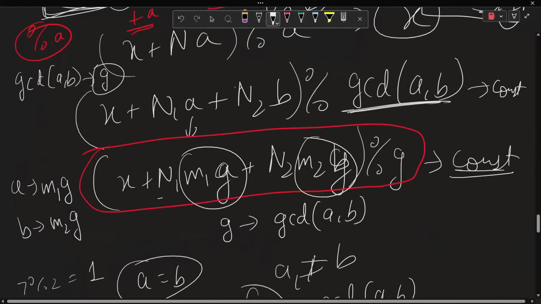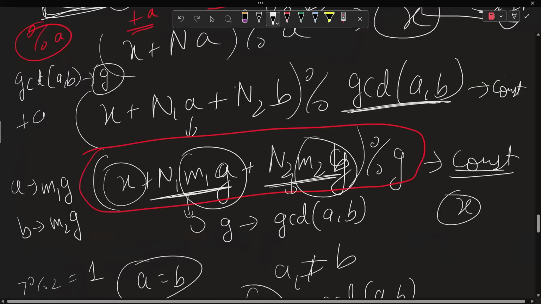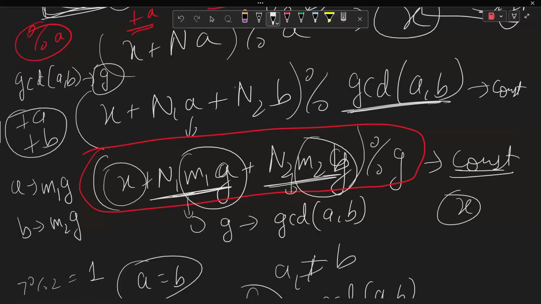So both are some multiple of G. In modulo G, they both become 0, and I obtain X, and this X would remain constant. So by doing plus A and plus B, the modulo of the GCD of A and B is the thing that would always remain constant.